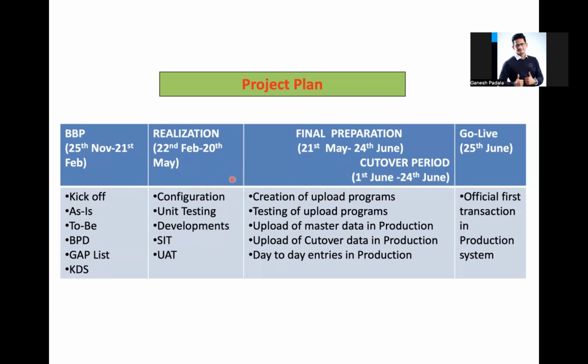Realization and final preparation are closely connected, so certain activities will come and overlapping might happen. All the master data is cut over and updated in production. Then the day-to-day entries start. And at go live, the business will do the first transaction officially, on the live date.